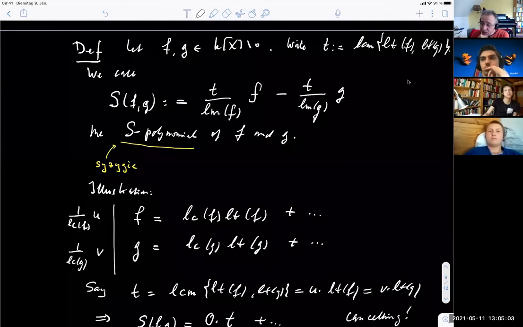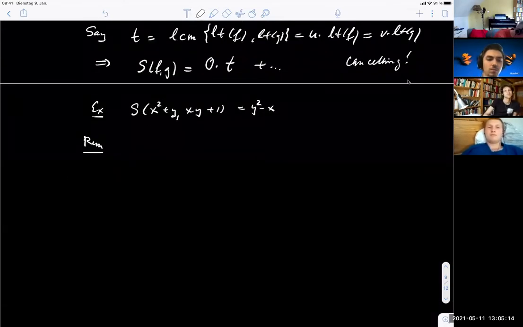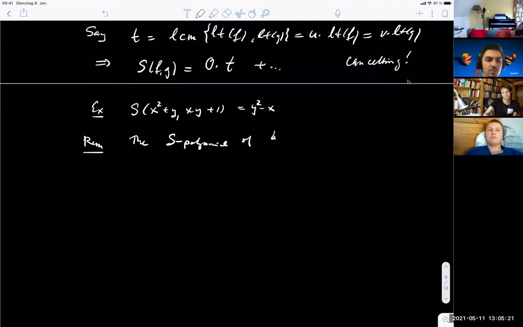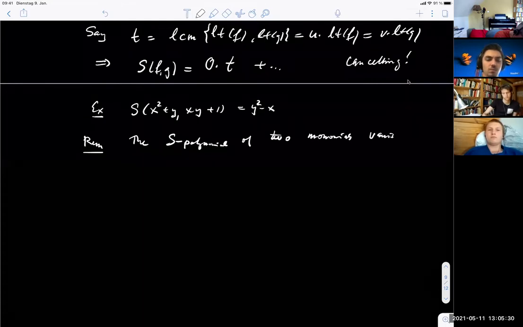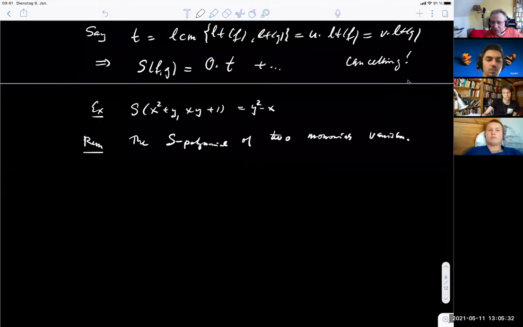Just 0? Yes, 0, because the S polynomial kills one term, but there is only one. If it's killed, it's gone. So the S polynomial of two monomials vanishes. If you just look at monomials, it would be completely uninteresting.